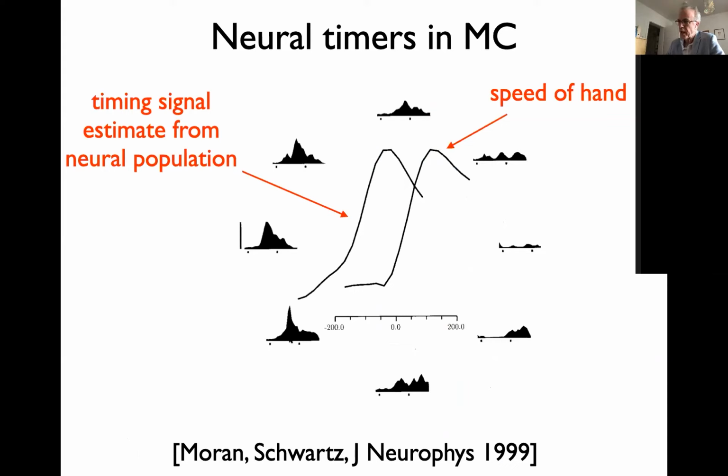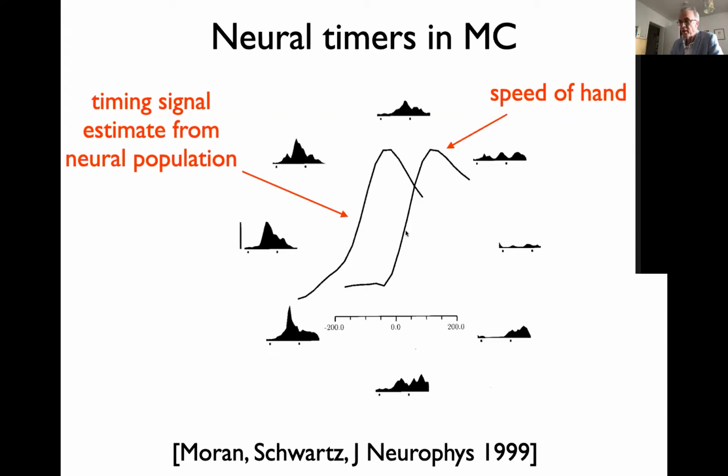And that total activation, which is what I call here the timing signal that is estimated from the population, co-varies with the speed of the hand in space. Co-varies in the sense that you change movement conditions. For instance, even if you make a drawing movement so that the vector changes, so the population moves around in heading direction space, then you find that the amplitude co-varies with the speed, the length of the vector, the tangential velocity. And there's a characteristic time delay between those.